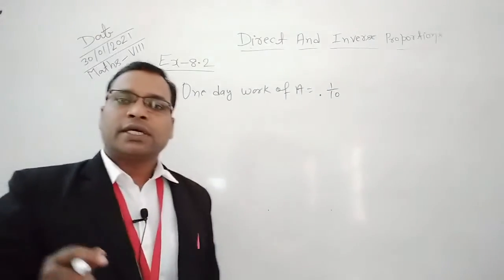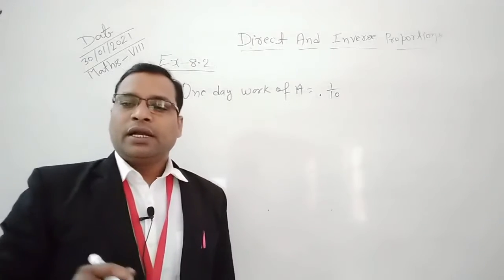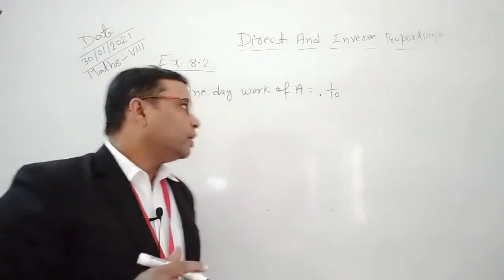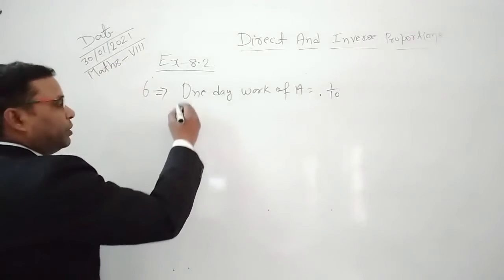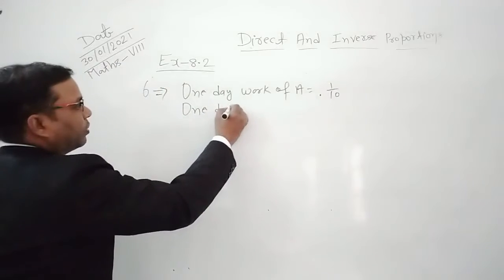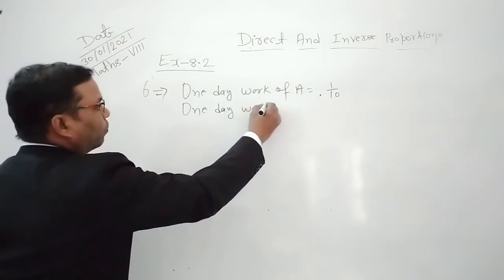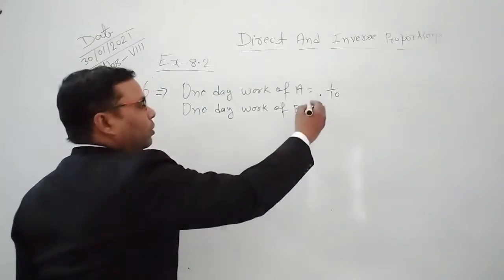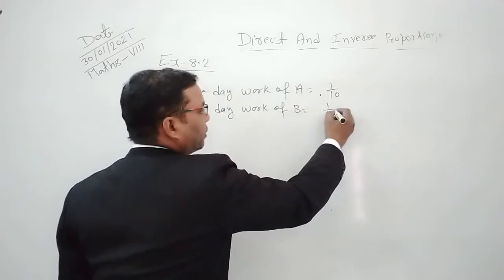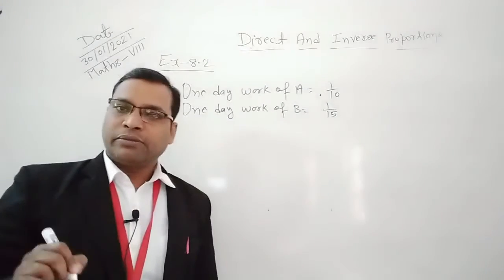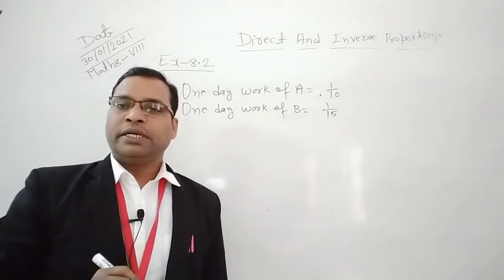Now again, given B can do it in 15 days, so the 1 day work of B is equal to 1 upon 15, because it is given that B can complete this same work in 15 days. This is clear?